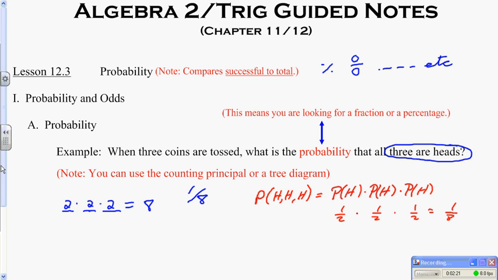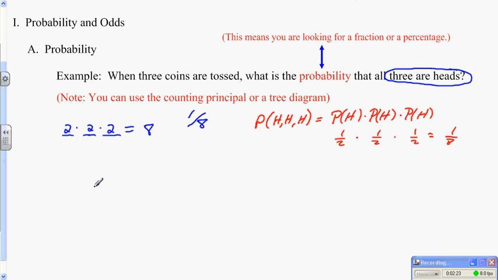If we use a tree diagram, then we would do this. Heads, tails, the first one. Heads, tails for the next one. And then heads, tails for the last one.